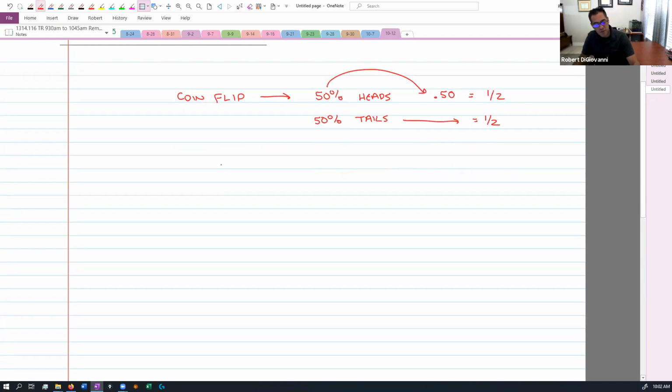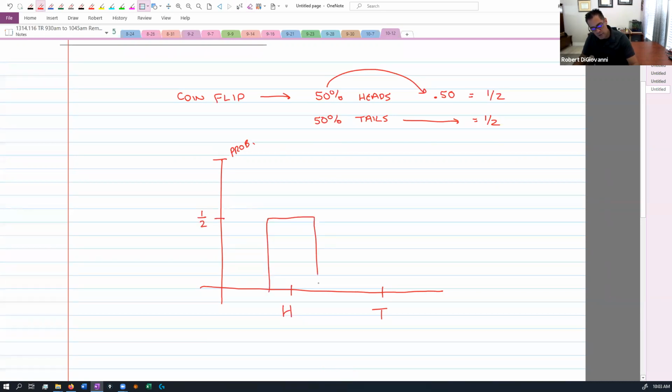So if I were to give you a visual of what's happening here, if this is heads, and this is tails, and this is the probability here, would it make sense to you to say that the chance of a heads is 1/2?